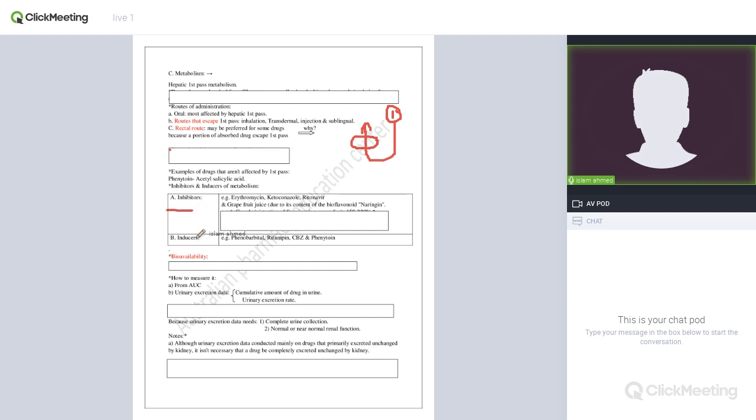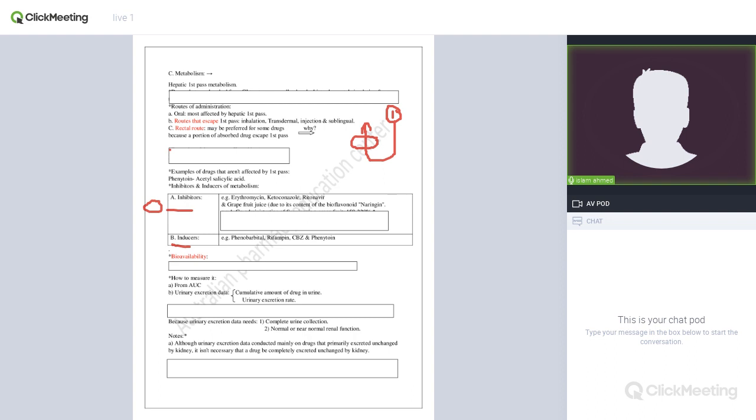Now we have an important note here, which is the inhibitors. There are liver microsomal enzymes that are responsible for drug metabolism.